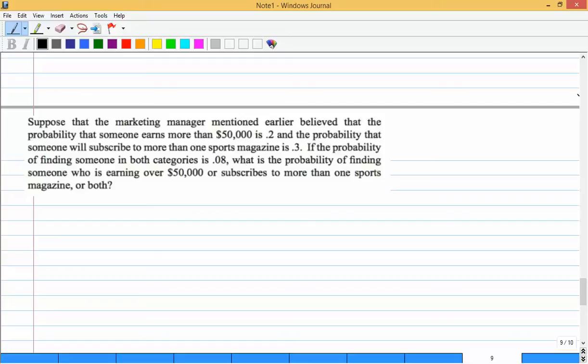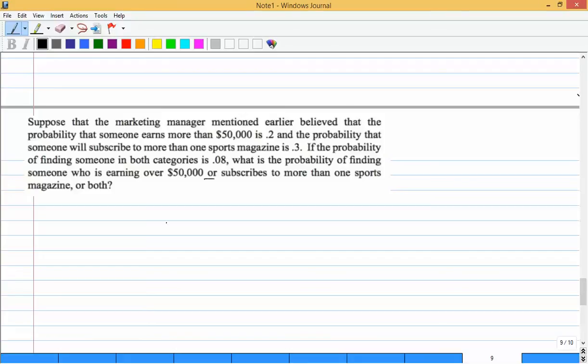If the probability of finding someone in both categories, that means someone that earns more than $50,000 and someone that subscribes to more than one sports magazine, is 0.08, what is the probability of finding someone who is earning over $50,000 or subscribes to more than one sports magazine, or both?